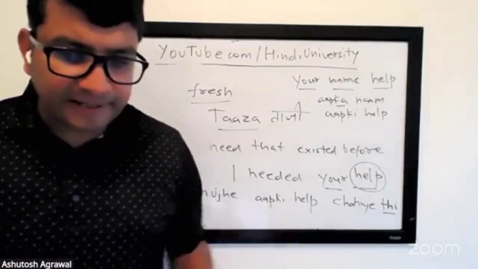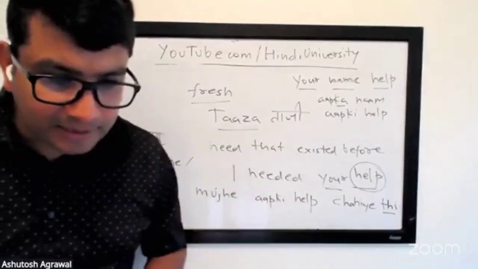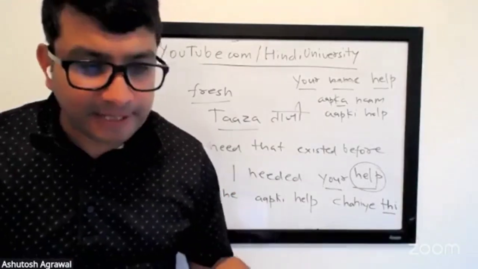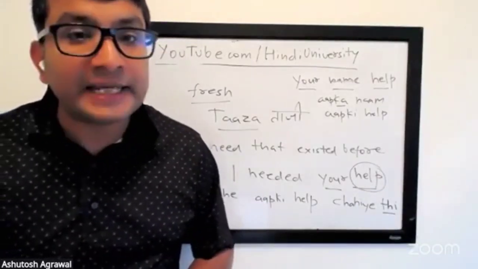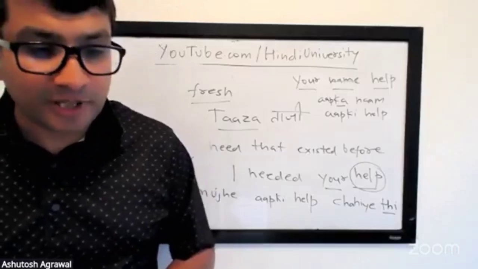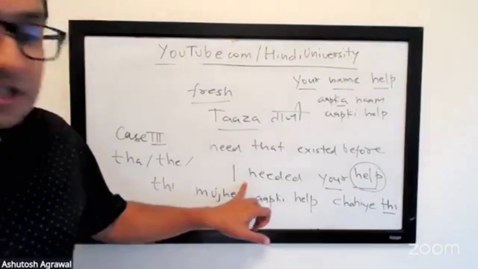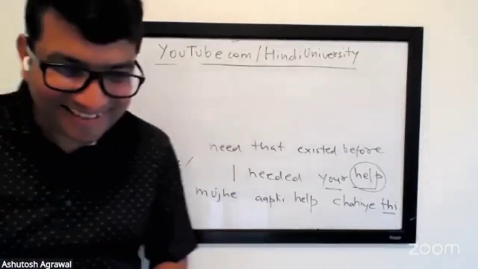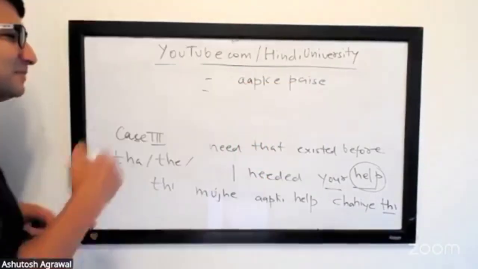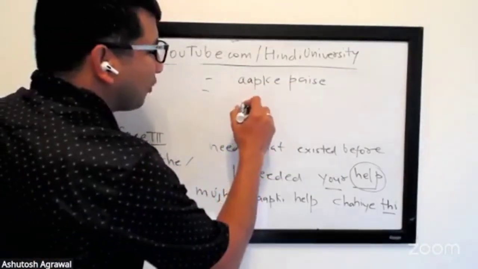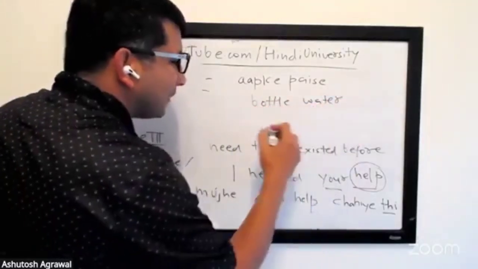Take all the sentences we made in case number 1, and put tha, the, or thi at the end to convey that the need existed before. मुझे charger चाहिए था. ओके, मुझे किताब चाहिए थी, ओके, मुझे दूध चाहिए था, और थोड़ी जानकारी चाहिए थी, इंफॉर्मेशन चाहिए थी, राइट, आपके पैसे चाहिए थे, फिर व्हाट एल्स, मुझे बॉटल वाटर और बोतल का पानी चाहिए था.